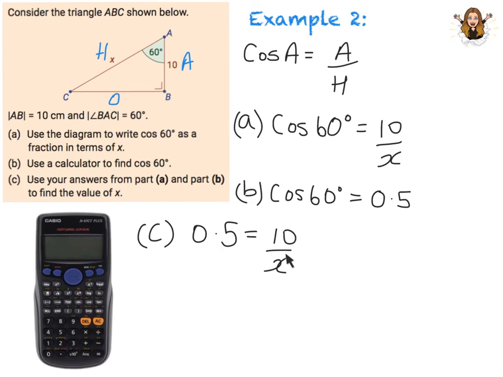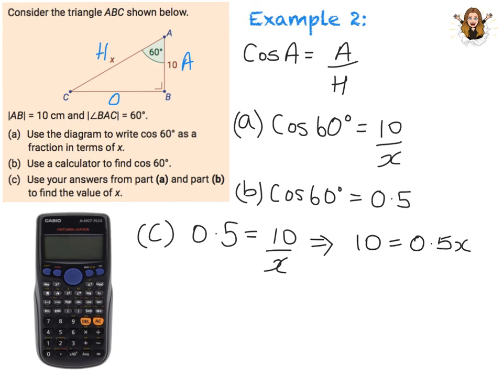Now, in the exact same way, you're going to multiply both sides by x, or cross multiply. So you're going to say 0.5 by x and 10 by 1. Well, 0.5 by x is going to leave you with 10 equal to 0.5x.